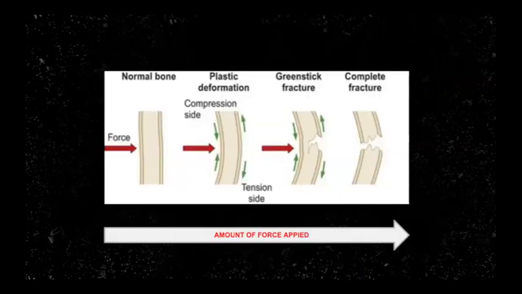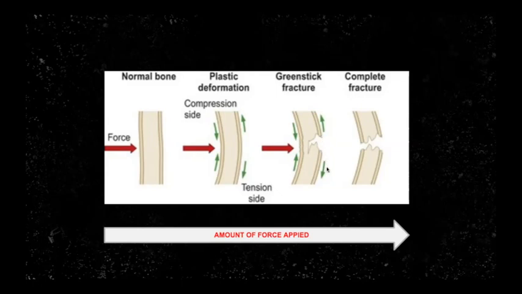So pediatric bone is quite tough, right? It is stronger compared to adult. In a normal bone, if we put force on the bone, there will perhaps be plastic deformation. But if we put more force on the bone, there will be cortex breaking on one side.